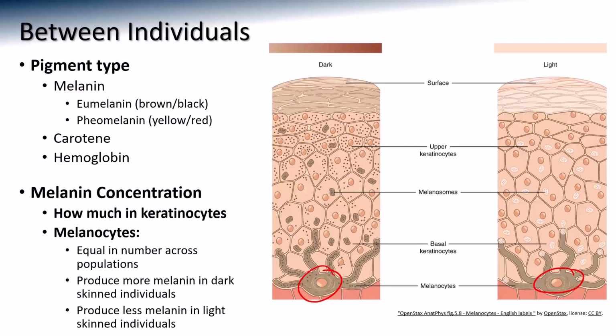So they're producing a lot more melanin. And you can see this illustrated here, too. The dark-skinned example has a lot of little melanin pigments being made in its melanocyte here, where the light-skinned individual, and I assume this is supposed to be a pheomelanin packet rather than a eumelanin packet, has a lot less melanin being produced.